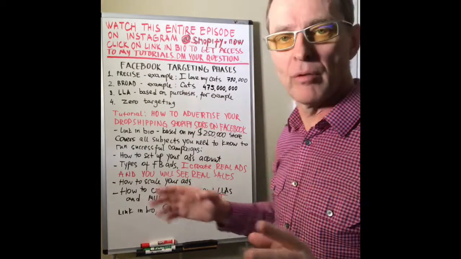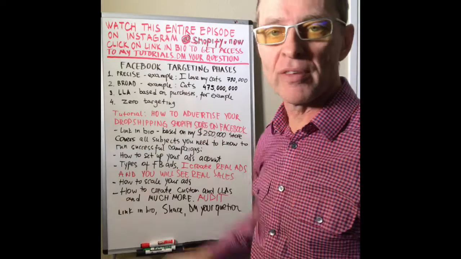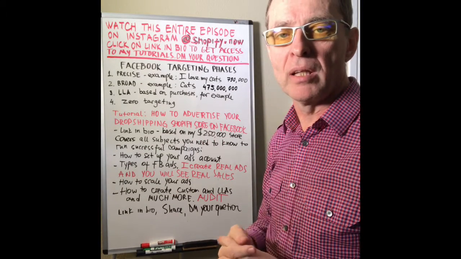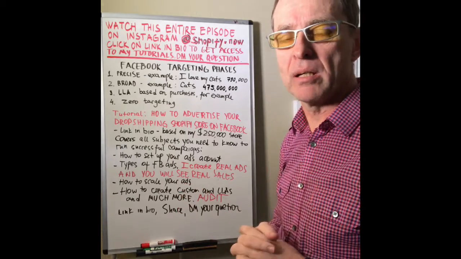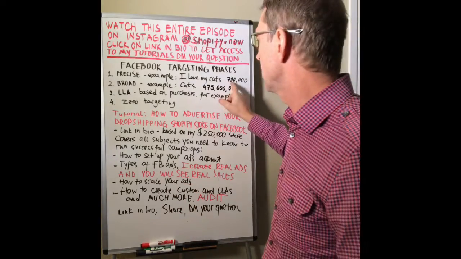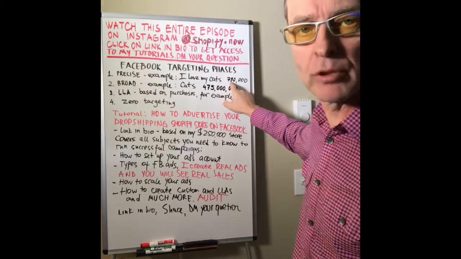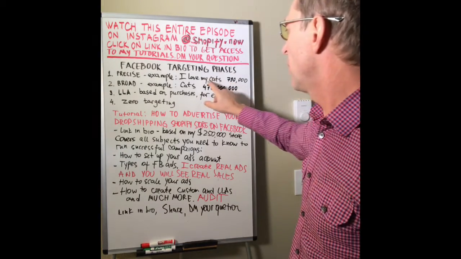You go first and do precise targeting. So you're not going to jump into million upon million followers. You find some keyword that is relatively small. Well, this is not relatively small, but it's small enough to get my point across. So I love cats.